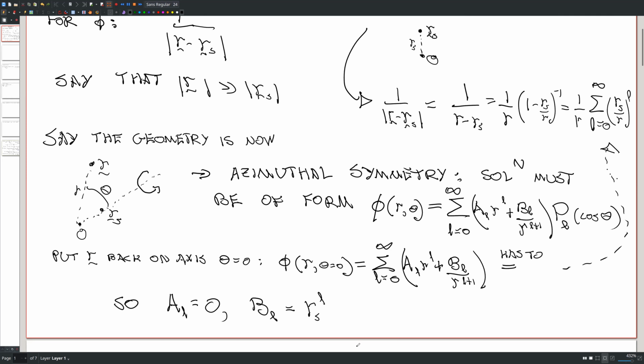So the question is, why can I put back my R on the axis? Because the general form that I have here is valid for all R and for all theta, and therefore I can restrict it however I want. I can evaluate that expression at theta equal to 0, and the expression still holds.